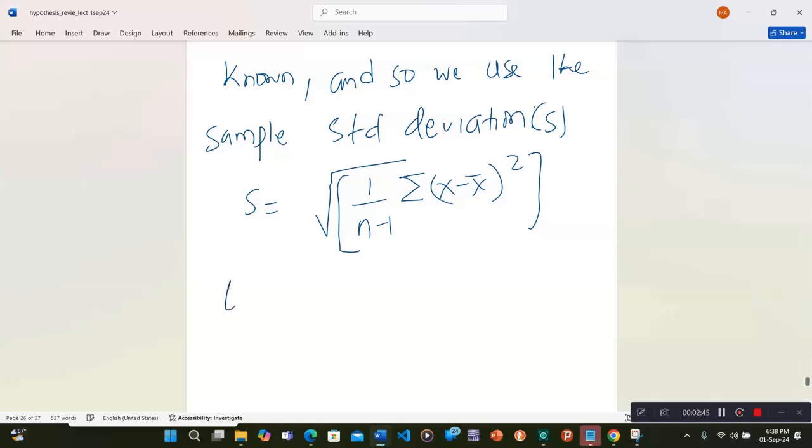So then what is the t? The t shall also be the sample mean minus the population mean divided by the sample standard deviation divided by the square root of n.